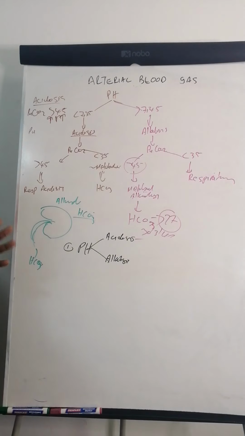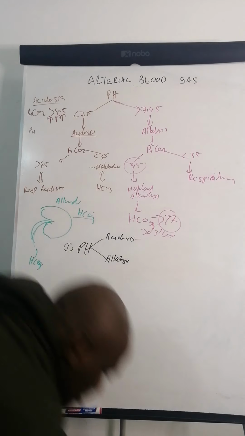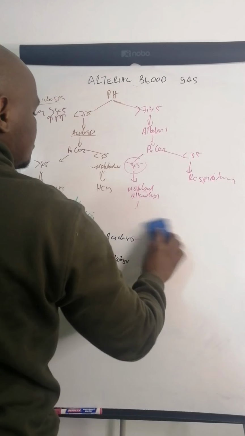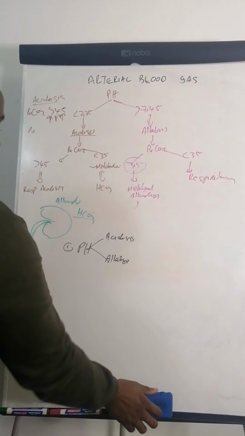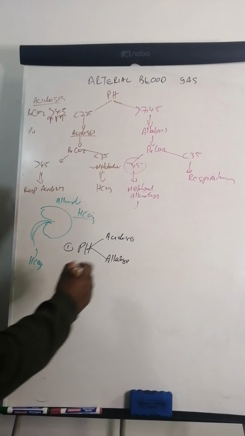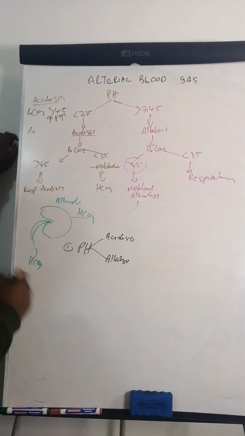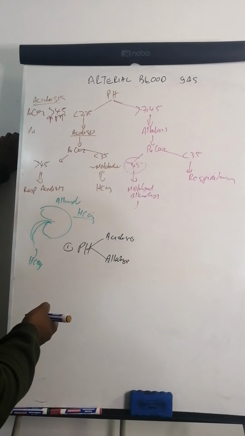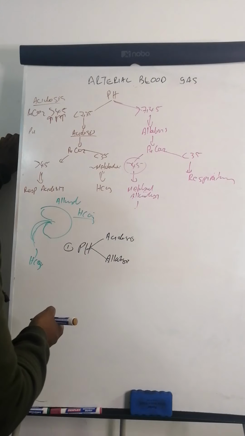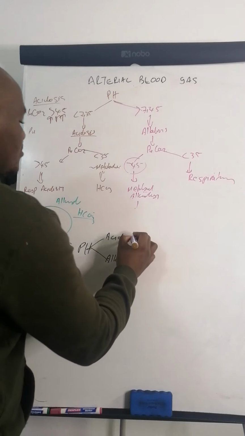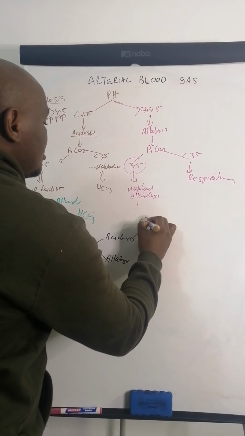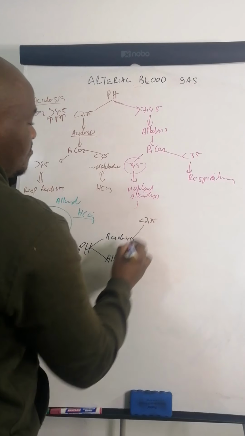Decide if it's alkalotic or it's acidotic. So if it's acidotic, you know pH is less than 7.35.